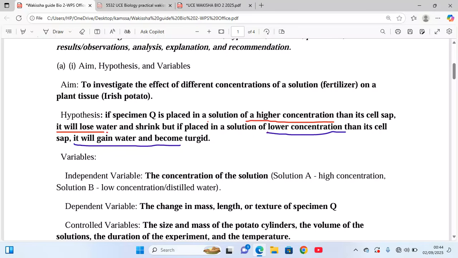If you get a plant cell and place it in a solution that is less concentrated than the cells of the plant, we call it a hypotonic solution. And if that solution is more concentrated than the cells of the Irish potato placed in it, it is a hypertonic solution. But if the solution and the Irish potato have the same concentration, that one becomes an isotonic solution.